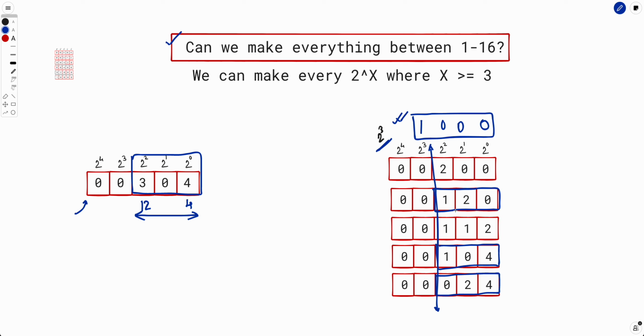That's what this proves. It doesn't matter whether all the numbers, 2 power 2, 2 power 1, 2 power 0, are present or not. What matters is whether the sum of everything is greater than or equal to 8. If it is, I will be able to make it, right?